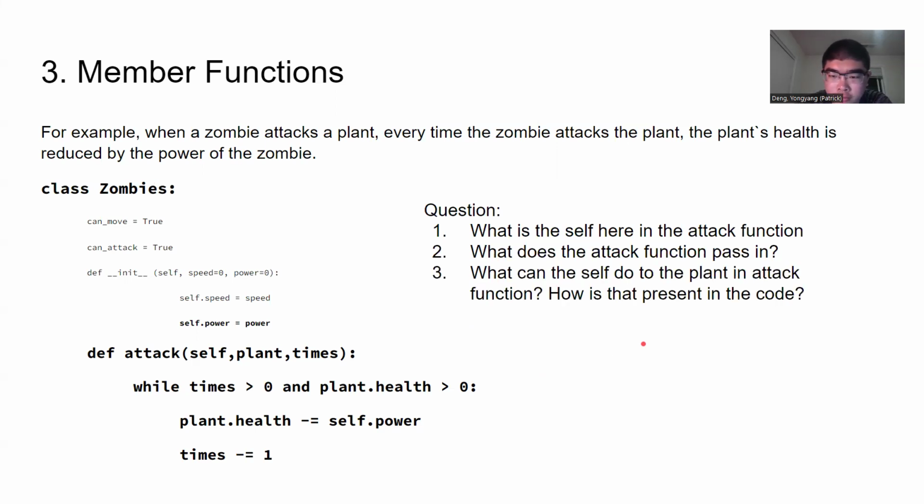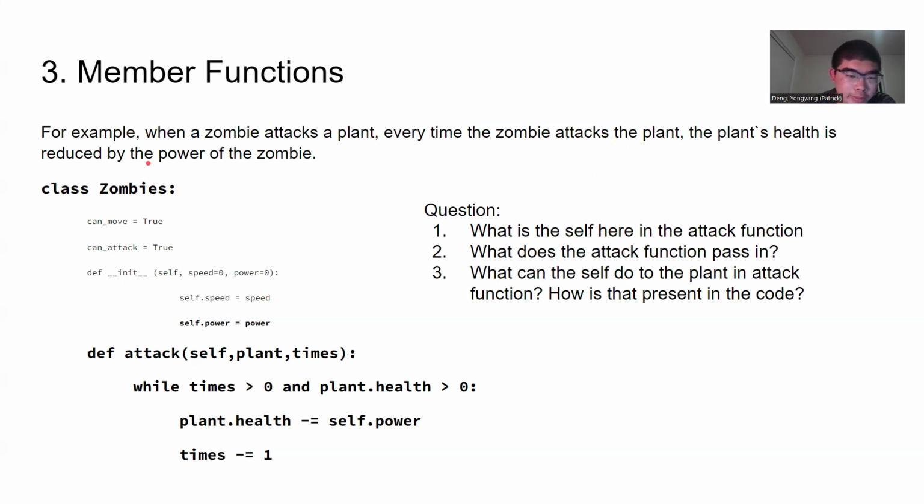So what can the self do to the plant in the attack function? How does that represent in code? It's saying how zombies attack plants. So we can go back to the English description here. For example, every time the zombie attacks the plant, the plant's health is reduced by the power of the zombie.